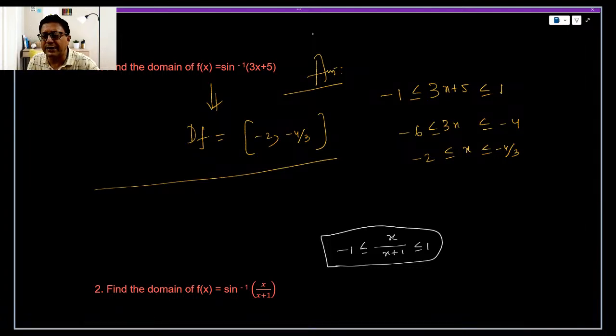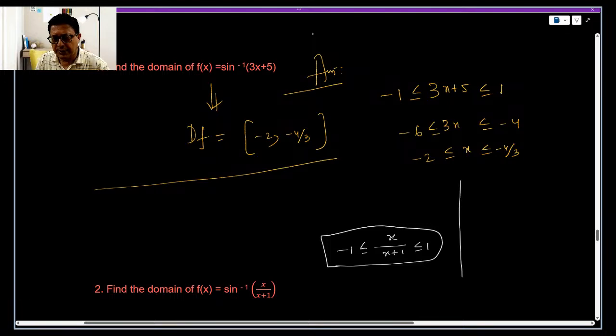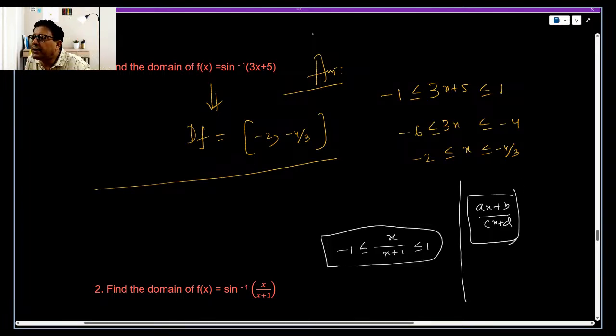In this context, I have to remind you of a concept of inequality, like if there is ax plus b by cx plus d. Remember, it is a class 11 inequality. If this thing is greater than 0, what happens? How many of you remember?